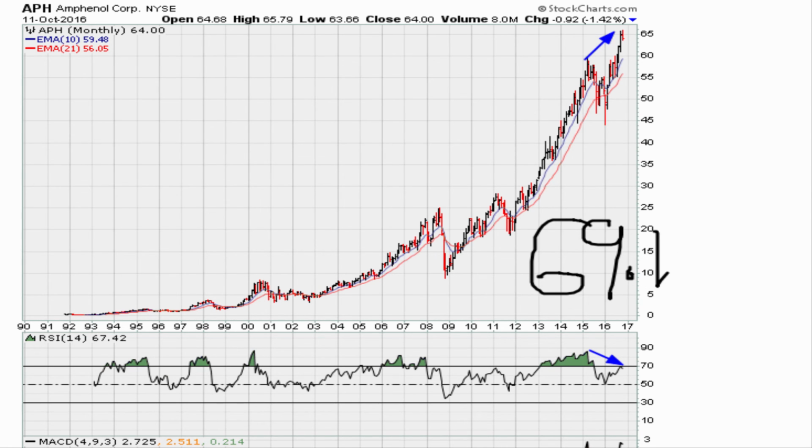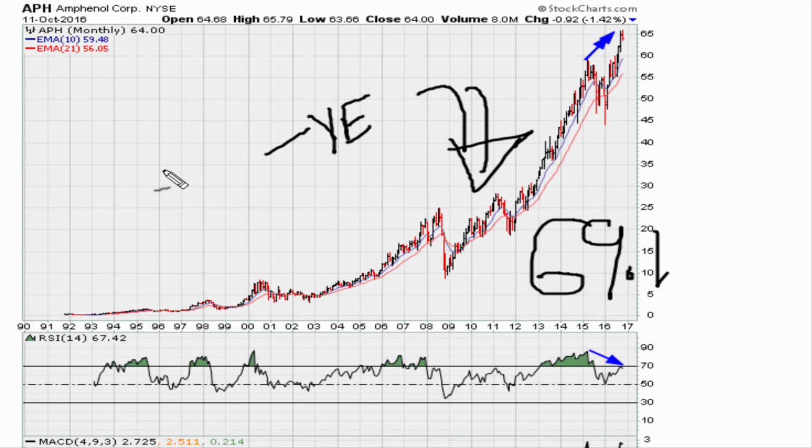Failure to move above 69.1 while you are making new highs is the second worst type of negative divergence. That negative divergence might come in to bite the stock. In other words, right now with this setup, more than likely we are looking to coil down.